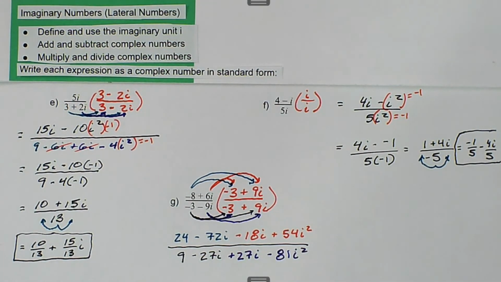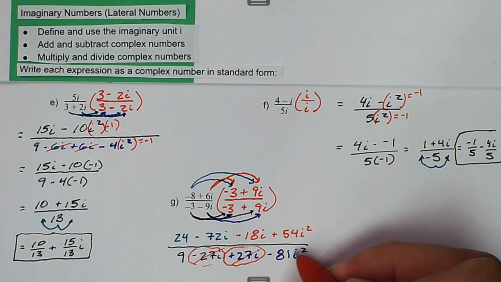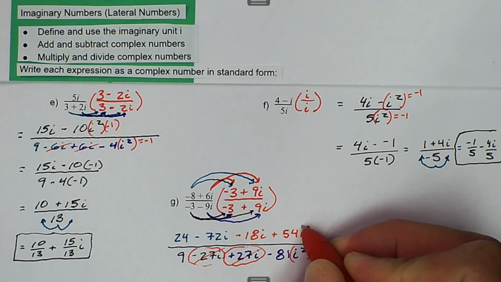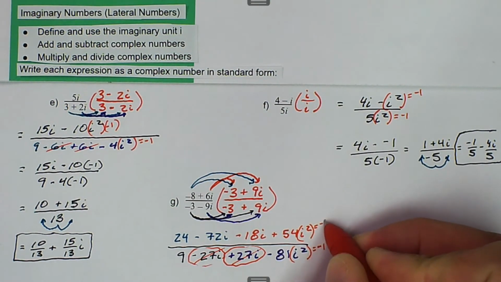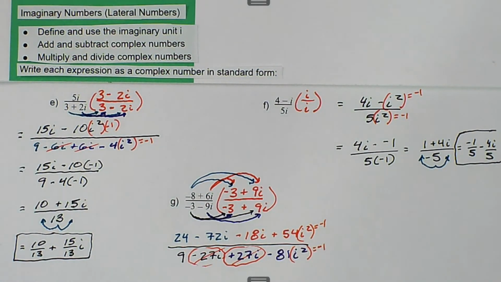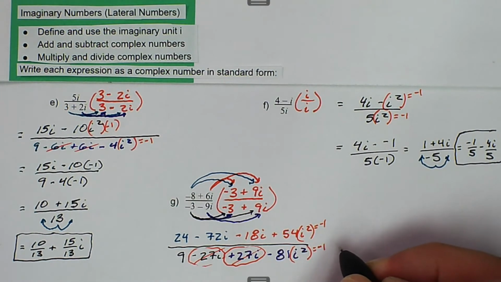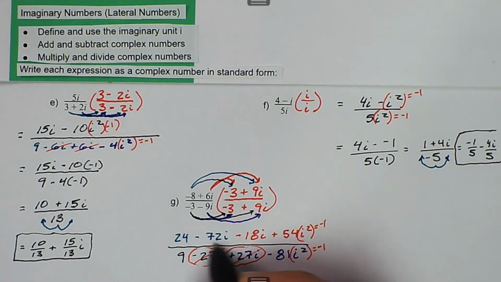Now, some nice things happen here. Negative 27i and positive 27i cancel each other out. And then our i squared, we remember, is equal to negative 1. So then we can rewrite these two terms, and we can also combine like terms here in the middle.